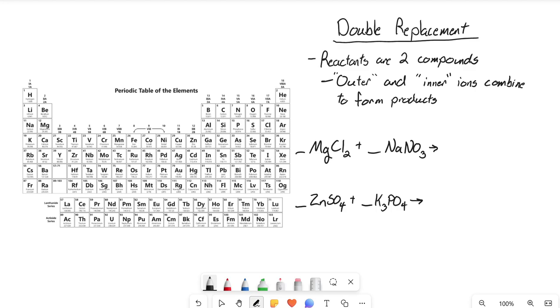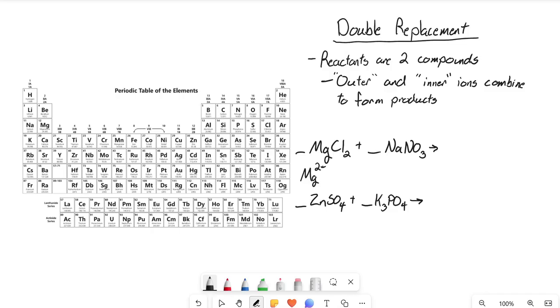What happens in a chemical reaction, say this one for example, is that we take some magnesium chloride and some sodium nitrate and we mix them in with a whole bunch of water. And what happens is that these compounds dissolve and separate, or ionize, meaning magnesium and chlorine separate from one another and form their ions.